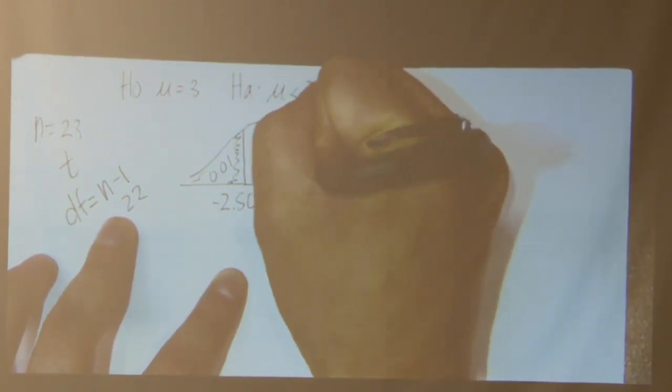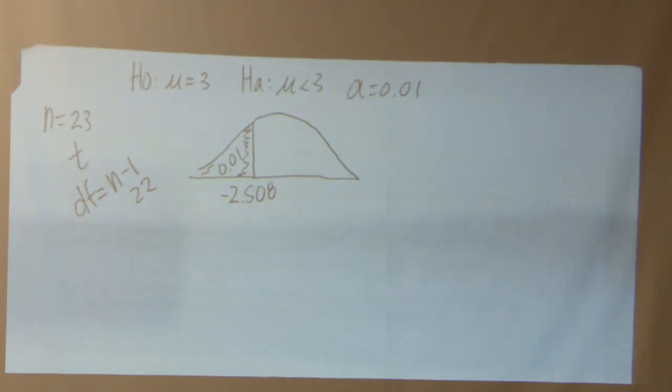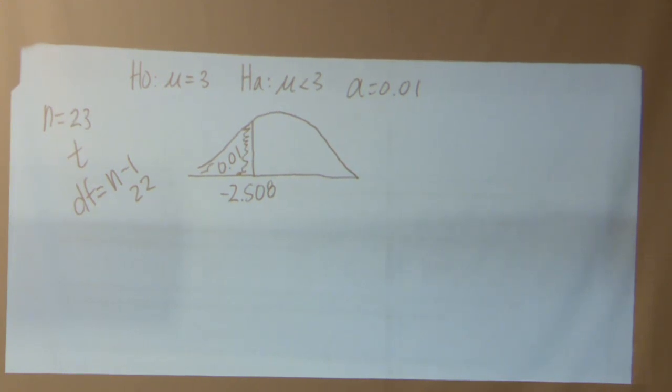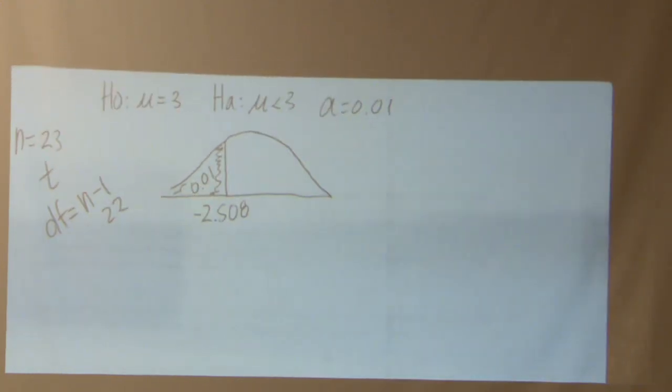So you get a value of negative 2.508, which is your critical value. Now we have to find our test statistic to see if it falls in the rejection region.